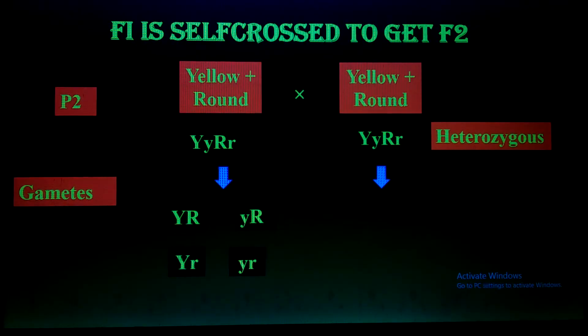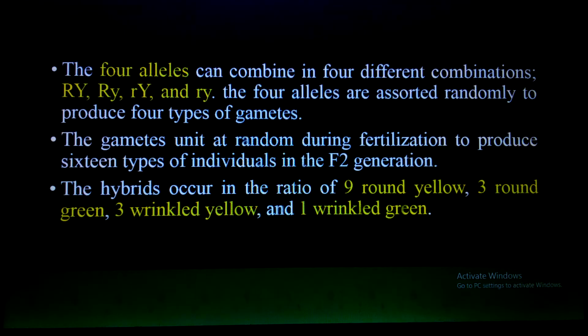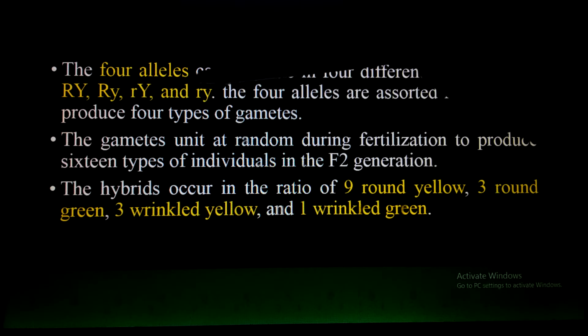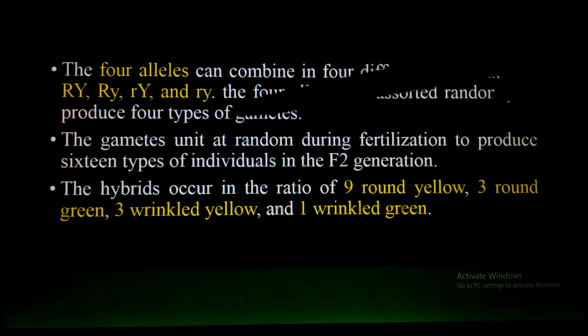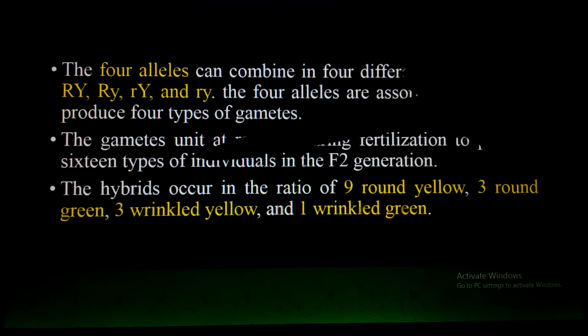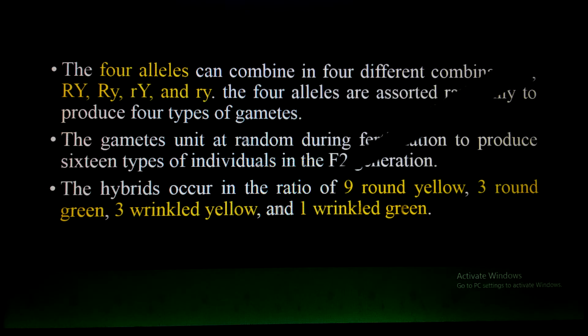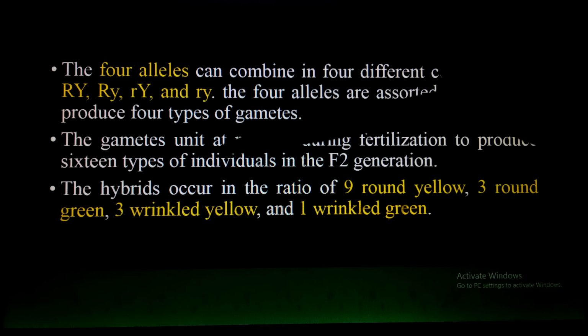So you can see here, the 4 alleles can combine in 4 different combinations, as I have shown you there: capital R, Y, and that. The 4 different alleles are assorted randomly to produce 4 types of gametes. The gametes unite at random during fertilization to produce the 16 individuals in the F2 generation.